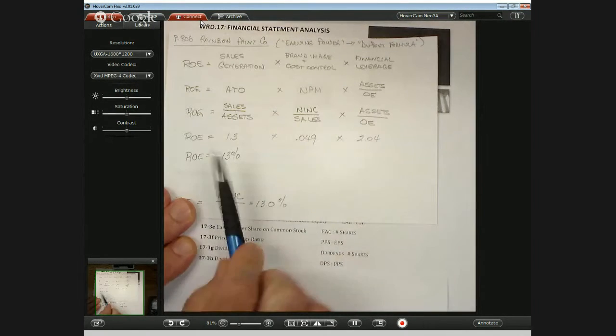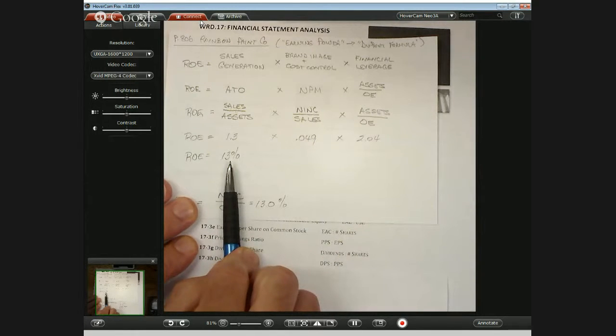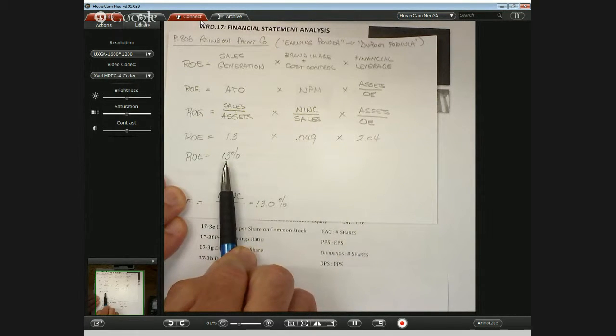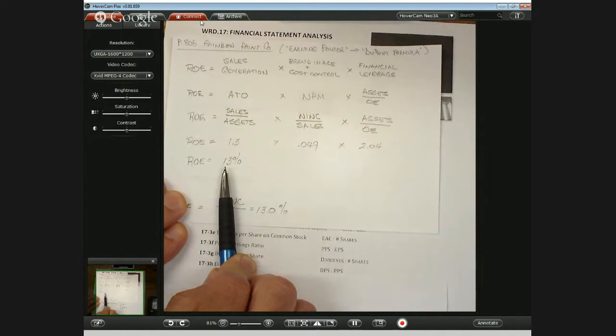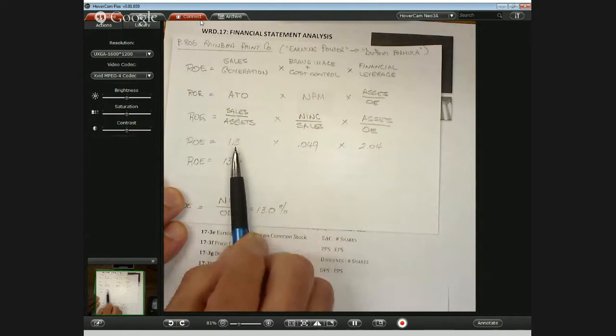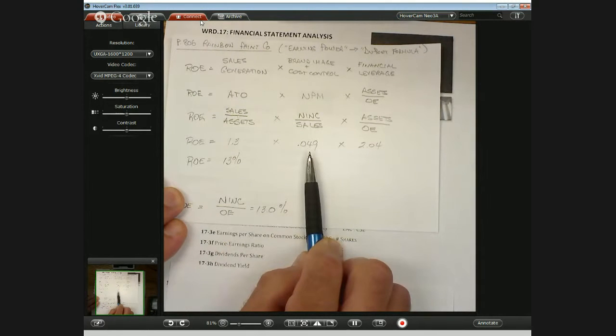Now, why do we do this? What we want to do is decompose or explain why owners get a 13-cent return for every dollar that they put up. And we explain it by saying that for every dollar of assets on the balance sheet, the company can generate $1.30 in sales. And for every dollar of sales, the company earns about a nickel in profit.